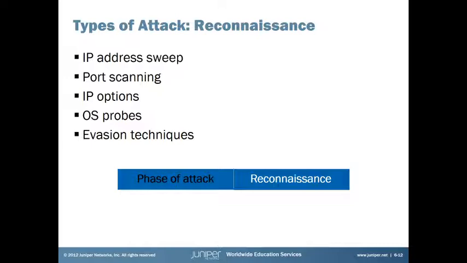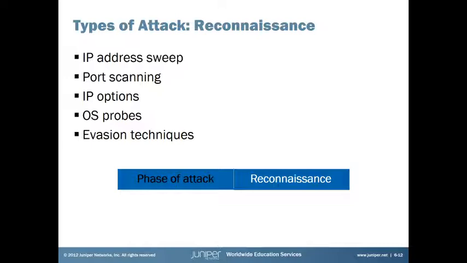If I've got a Windows operating system, it might respond differently to that same packet. So it gives the attacker some information about what operating system I have. If I know that I've got a Windows server, then I know that perhaps that server will respond in a certain way to a certain attack. So it just provides them with more information.